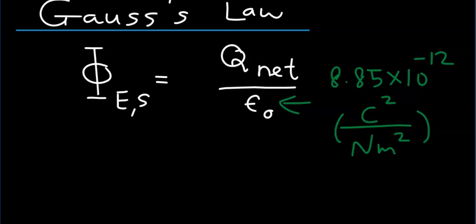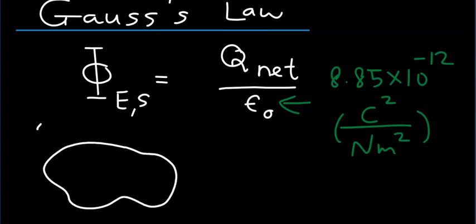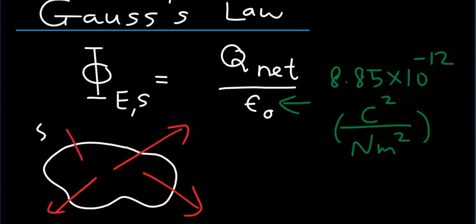So what Gauss's law says is that if you have, let's say, an arbitrary closed surface S, and you have electric fields going like that, the electric field may be non-uniform and act in some complicated way. So the electric flux due to this electric field through the surface S is given by this expression.